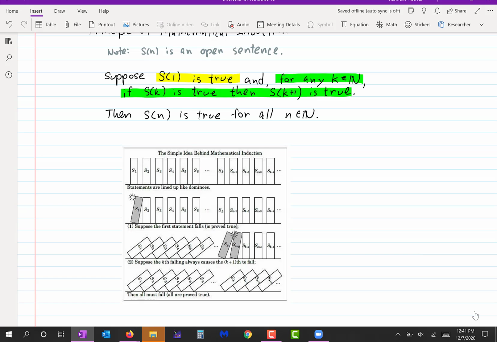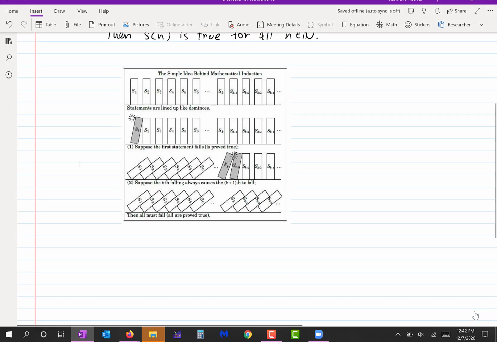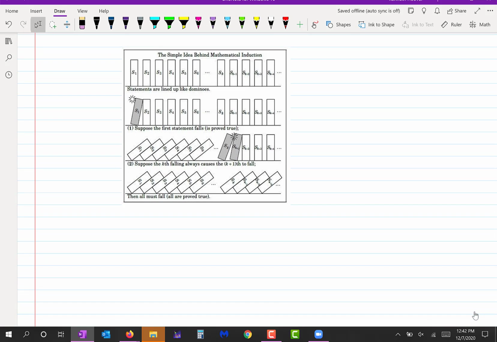So if you have a statement and you wish to prove that it is true for all natural numbers, then you can use this idea, okay? And here's how you do it. So suppose you have this task. Prove S of n is true for all natural numbers n.